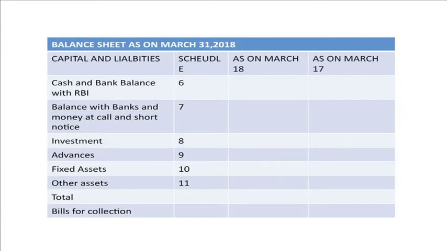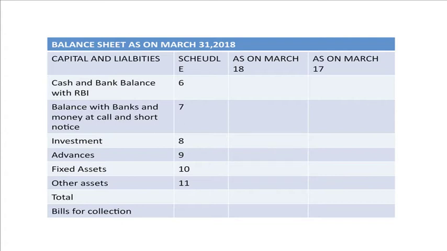Then we move towards the asset side. This is cash and balance with RBI, schedule 6, balance with banks and money at call and short notice, schedule 7. Investments is schedule 8, advances schedule 9, fixed assets schedule 10, other assets schedule 11, contingent liabilities schedule 12, then bills for collection disclosure and notes to accounts.